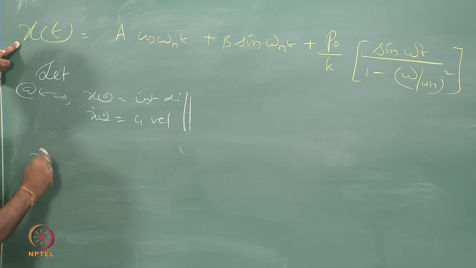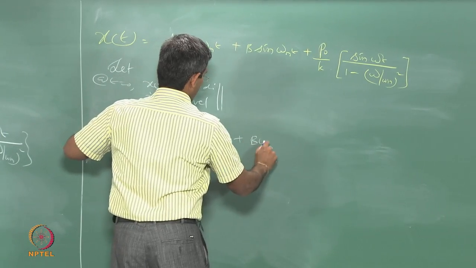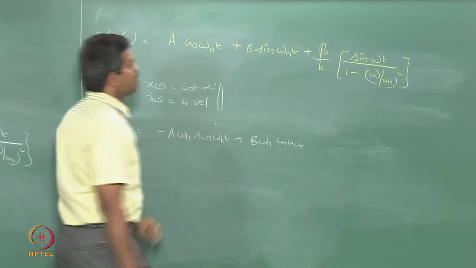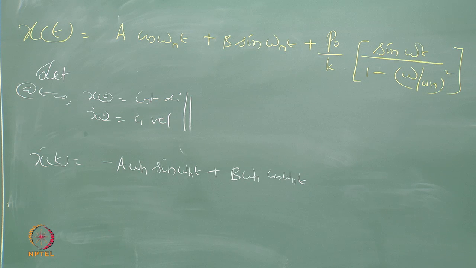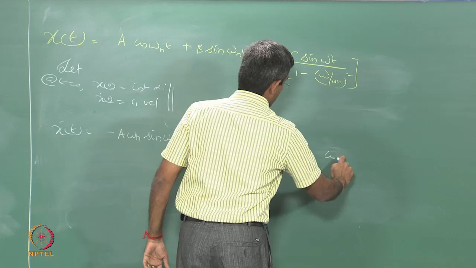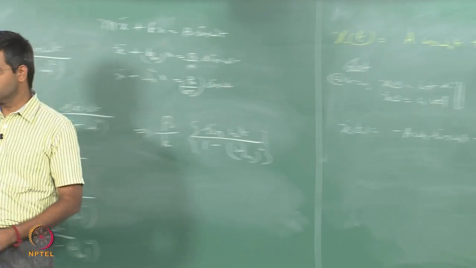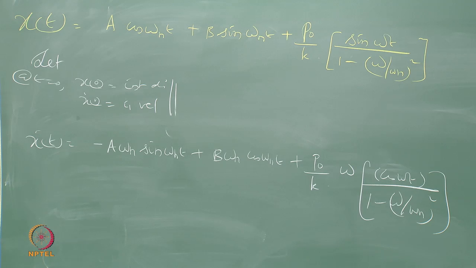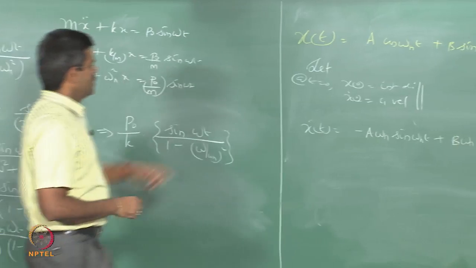So let us differentiate this: x dot of t is minus A omega n sin omega n t plus B omega n cos omega n t plus P naught by k omega cos omega t by 1 minus omega by omega n square. So, let us substitute these conditions in these two equations.